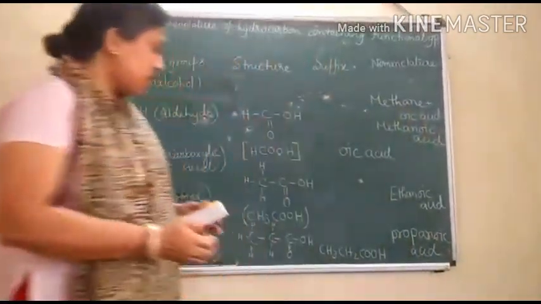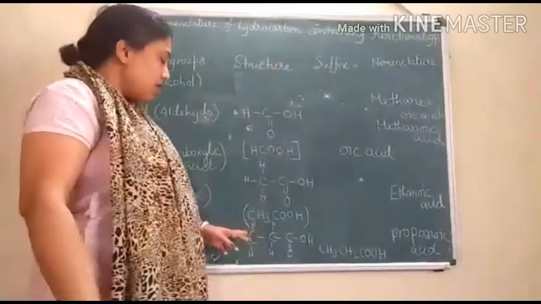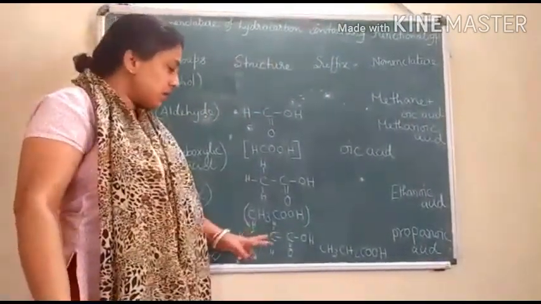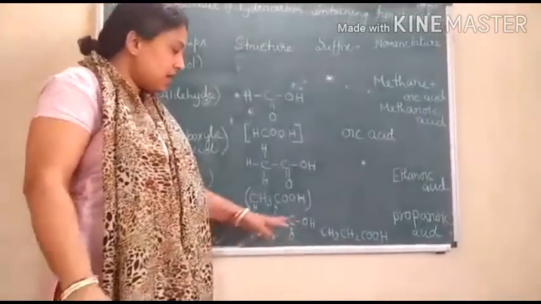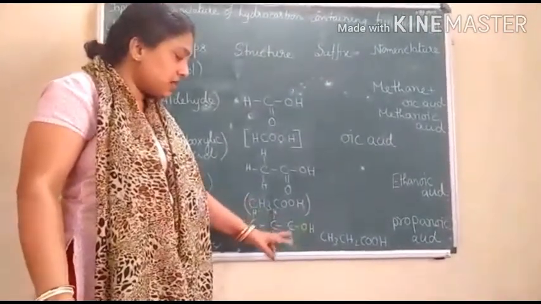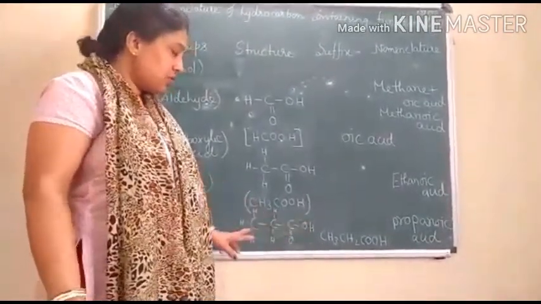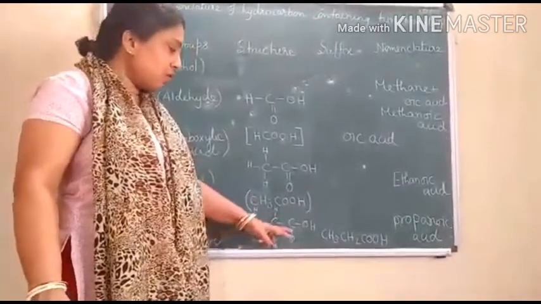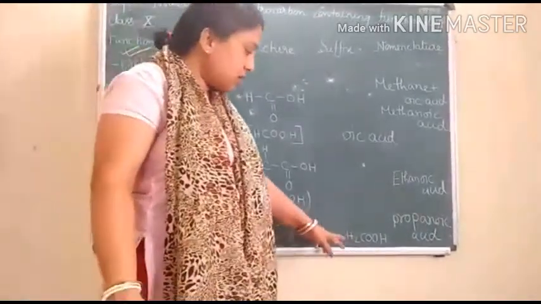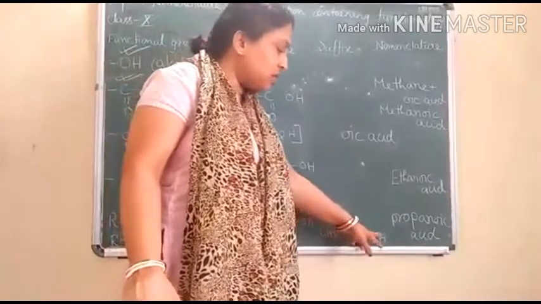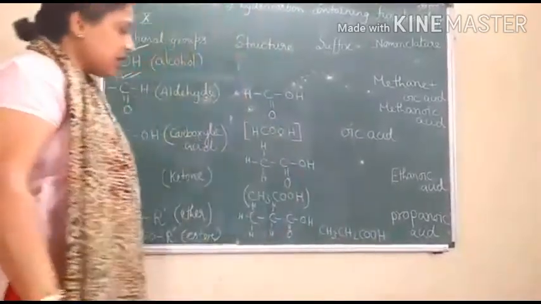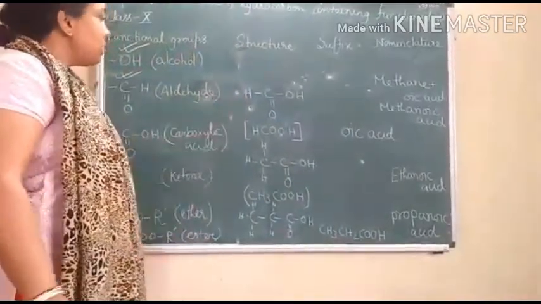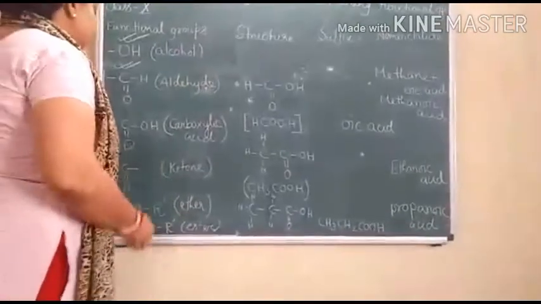Same way for butane, for 4 carbon, you write 4 carbon where the last carbon contains the COOH group, so the formula will be CH3, CH2, CH2, COOH, and the name will be butanoic acid. So this is all about the carboxylic acid functional group.